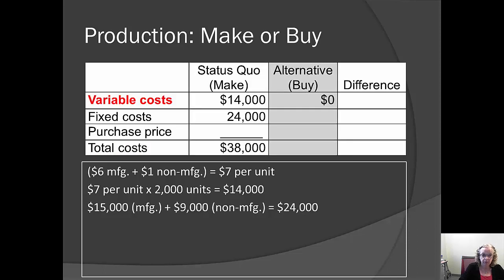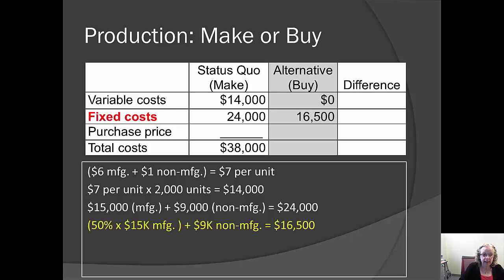What happens if they decide instead to buy the part? We're told they will have no variable costs. We're told that half of their fixed manufacturing costs will go away, maybe because they don't need a building, or because they don't need machinery and the maintenance and the depreciation associated with that machinery.